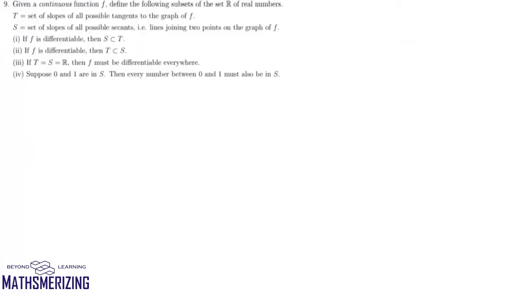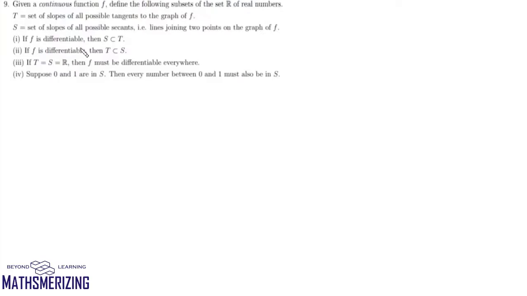Now in question number 9, we are given a continuous function f, and then we have defined two sets. Set T, which is the set of slopes of all possible tangents to the graph of f, and set S, which is the set of slopes of all possible secants, that is, lines joining 2 points on the graph of f.